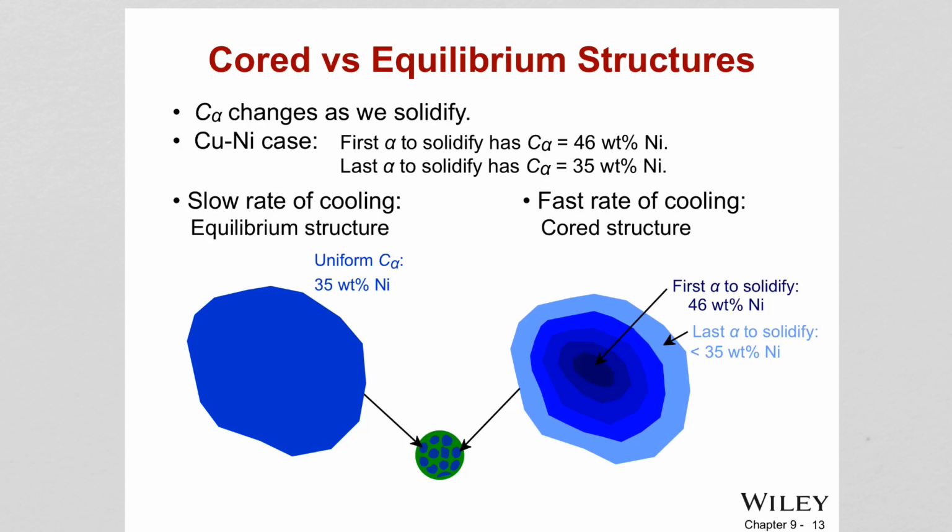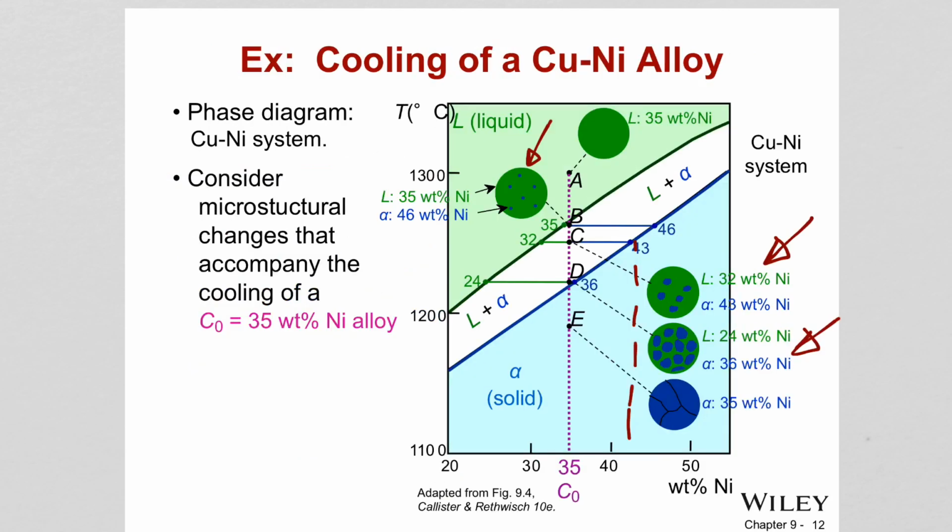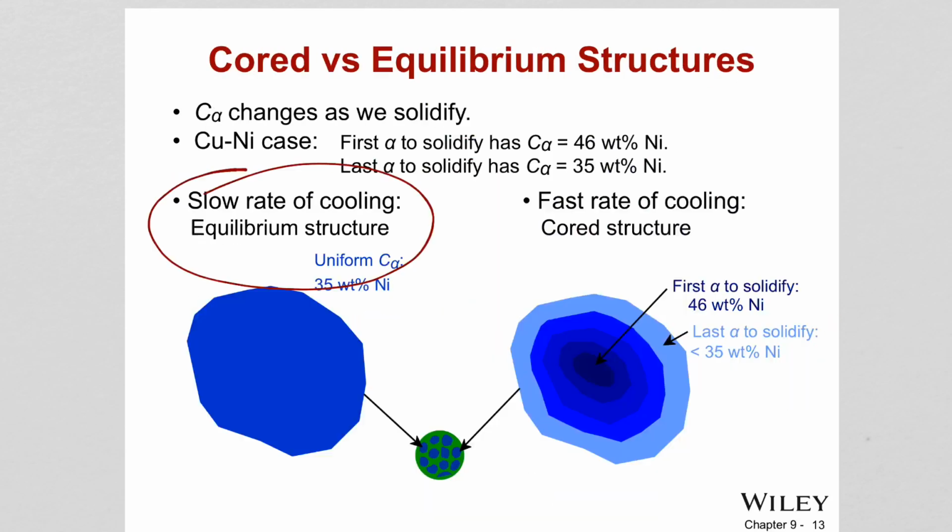So if you do a slow cooling rate, when we reach the stage A, we have a uniform structure, meaning everywhere the nickel composition is 35%. But if you do it fast and don't allow the atoms to reach their equilibrium, you will have a cored structure.